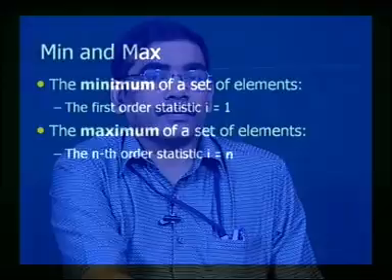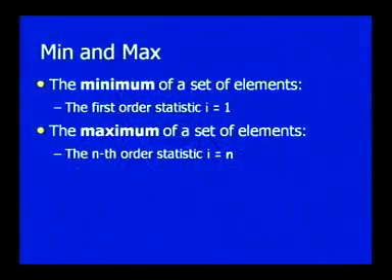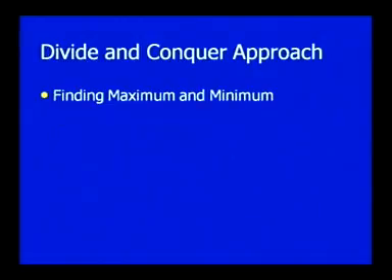All of you know how to find that using the conventional means. Now we will try to see how to apply the divide and conquer strategy for that. Minimum is the first order statistic, maximum is the nth order statistic.